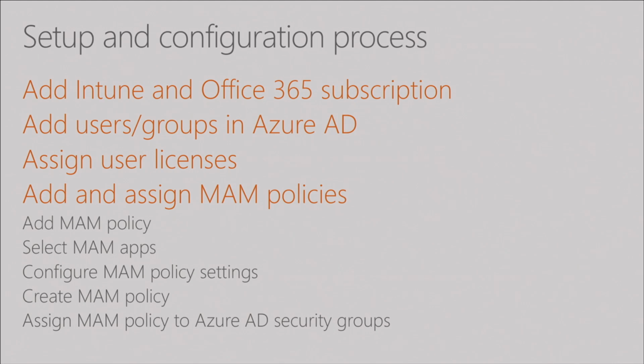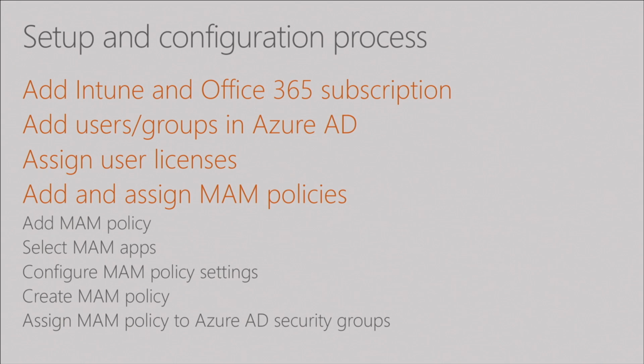The setup and configuration process is very straightforward. You have some of the things that we did with Intune Cloud Only, but the key area is the adding and the assigning of the MAM policies. So you add the MAM policy, you then select the applications that you want the MAM policy to be associated with. Then you configure the MAM policy settings.